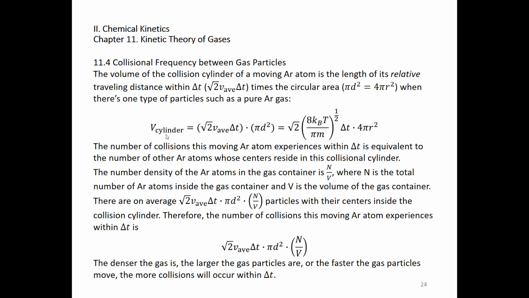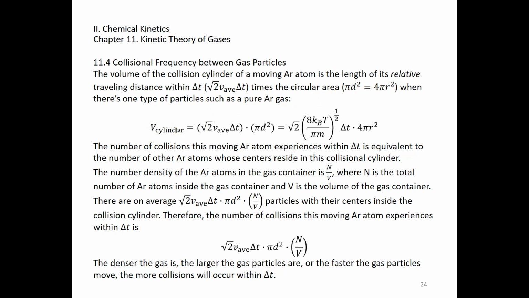Well, we just need to know the number density of the argon atoms in the entire container, and then multiply it by the volume of the cylinder, and that will give you the number of argon atoms with their centers inside the cylinder. We're assuming the homogeneous distribution of those argon atoms in space.